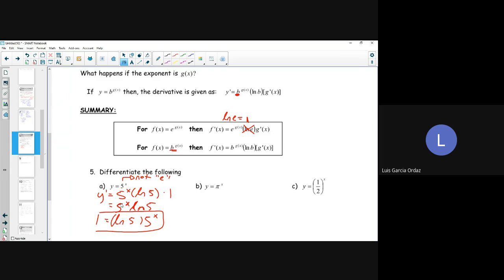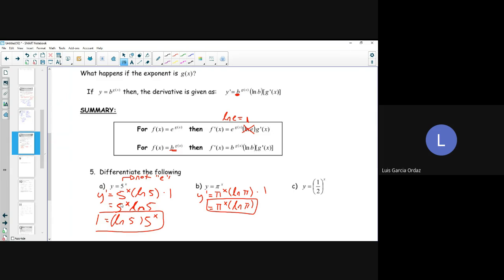So my derivative is just pi to the power of x times ln of pi, which is my base, times the derivative of my exponent x, which is just 1. So I'm left with pi to the power of x times ln of pi. That would be my derivative. Thank you, Priyanshu. Perfect.